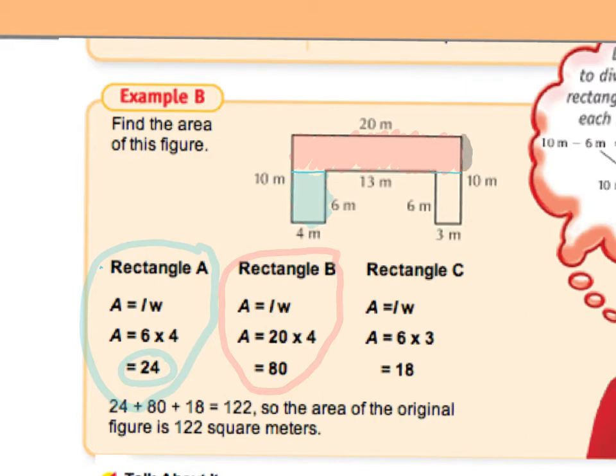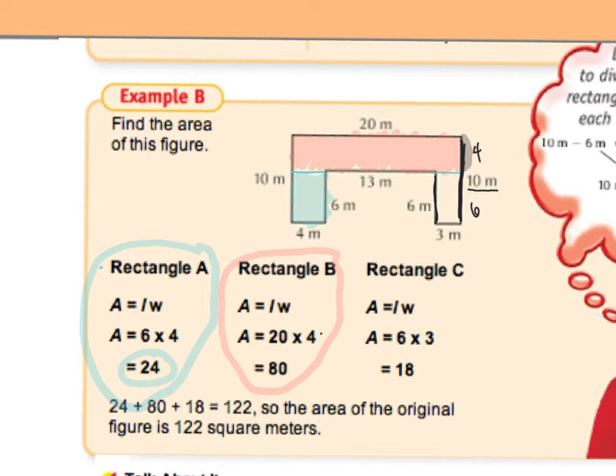Okay. Now, here's the hard part. This says 10 meters, but that's the length of this entire line. But we know that from here to here is 6. So what's left for this height right here? This would be 4, because 6 plus 4 equals 10, right? So the height of this red rectangle is going to be 4.